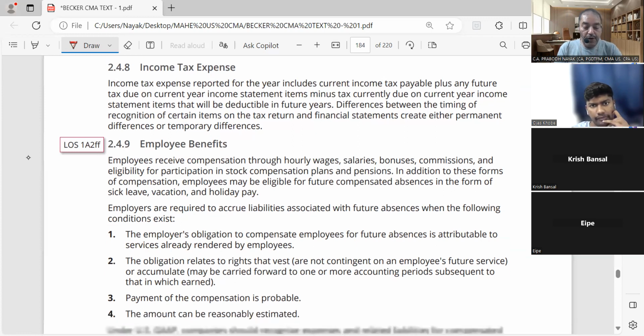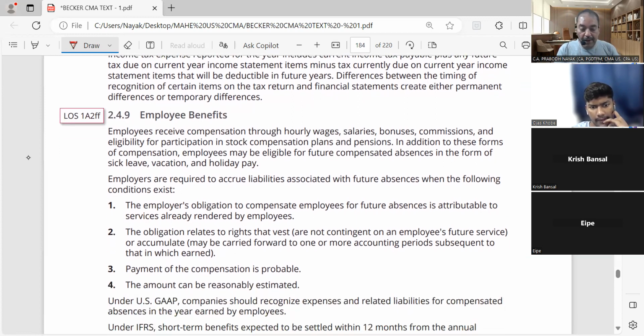Payment of the compensation is probable, which means it is likely that the compensation will be paid. The amount can be reasonably estimated, so we can calculate the amount that is payable. Under US GAAP, companies should recognize expenses and related liabilities for compensated absences in the year in which they have been earned by employees.